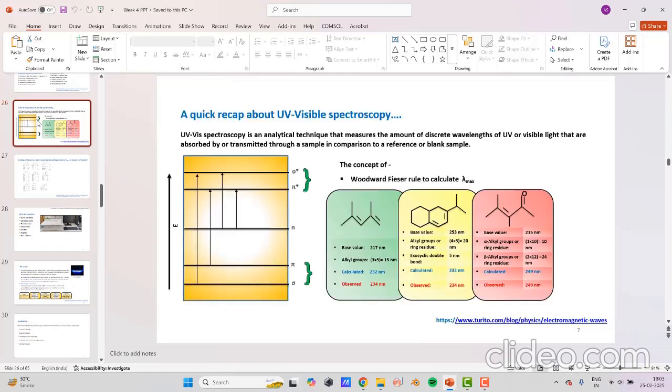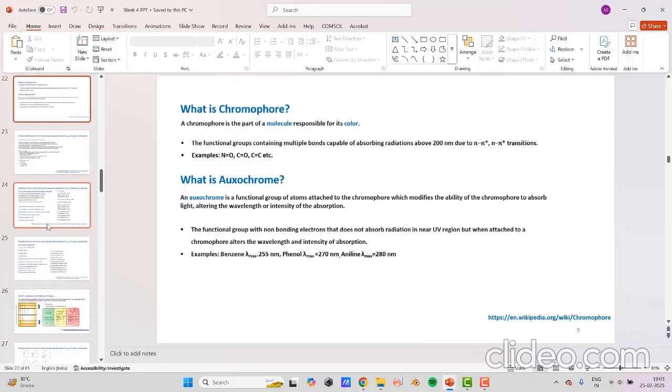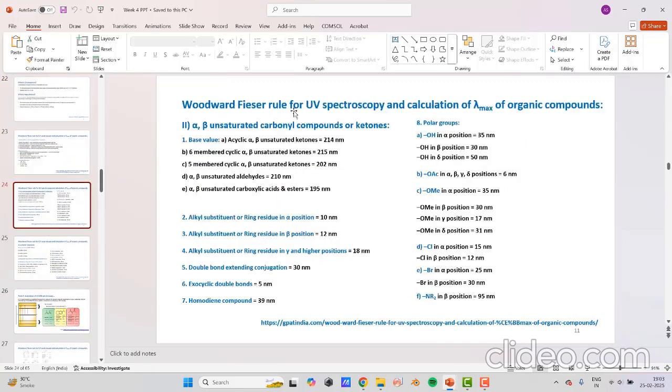Yeah, here. So there are some base values assigned to a particular group. Here a lot of things are there.